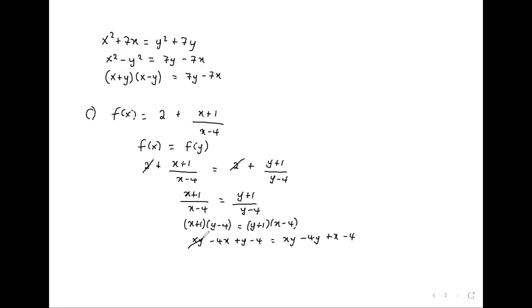So the xy will go, the -4 will go, and then we put the x's together and the y's together. So we'll have -5x is -5y, divide by -5 on both sides. So we get x is equal to y, implying that f of x is a one-to-one function.